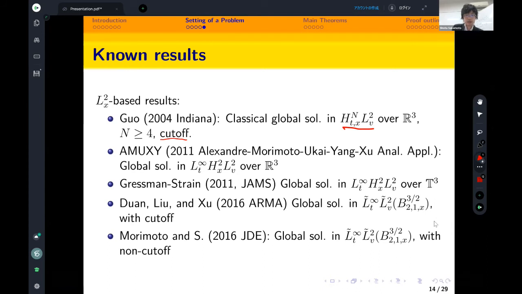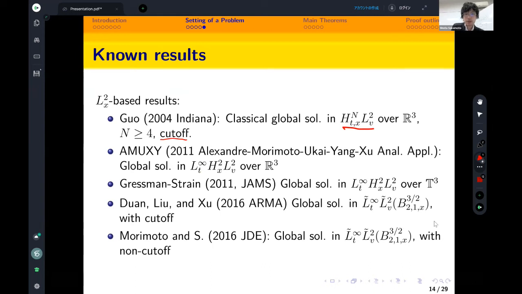And later, AMUXY and Gressman-Strain, where AMUXY is the abbreviation of Alexandre, Morimoto, Ukai, Xu, and Yang, which is, I believe, a common abbreviation for Boltzmann researchers, independently showed the existence of a global weak solution in this same space, L infinity in t, H2x, L2v.